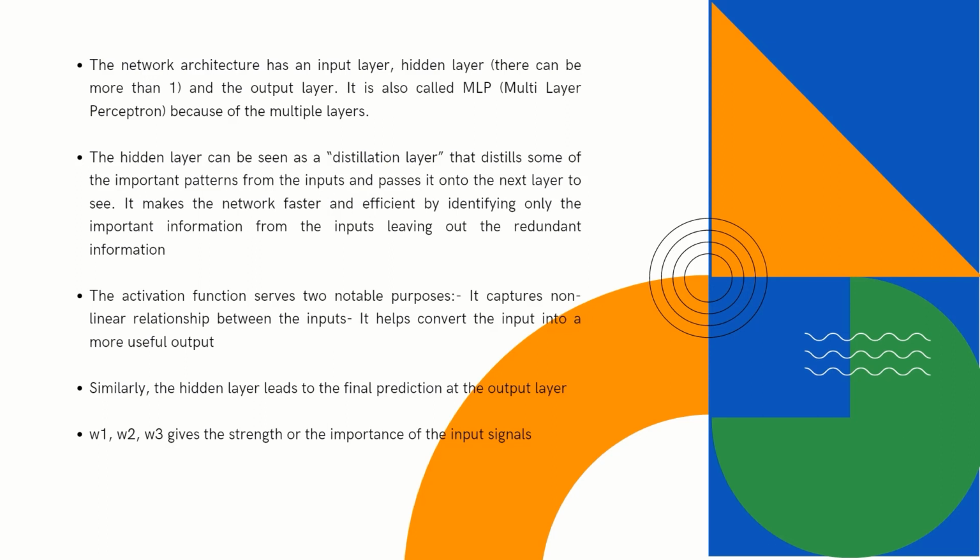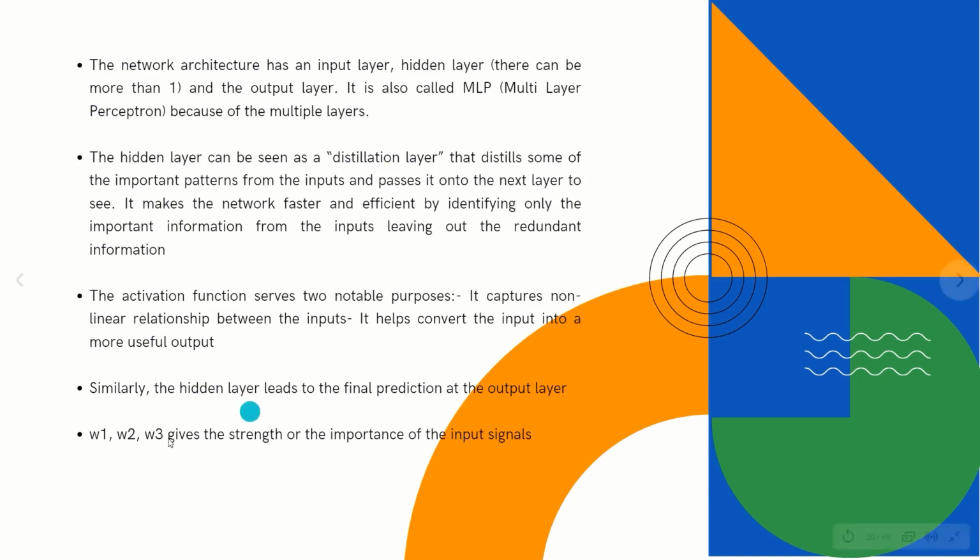Practically, you'll find very few examples where a linear relationship exists between two variables. In the majority of cases, it is a non-linear relationship which is in place. So to capture that non-linear relationship, it is important that activation functions are used. Two of the popular activation functions that I have shown you are the sigmoid and the ReLU.